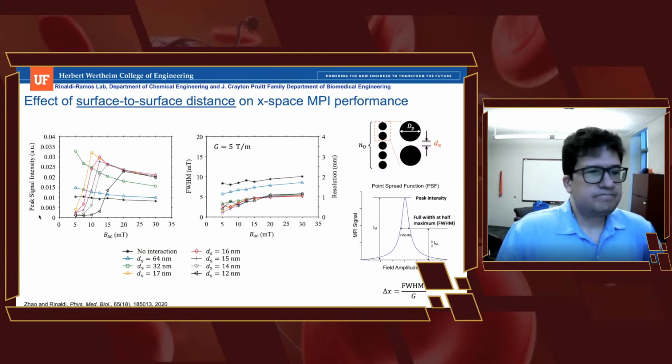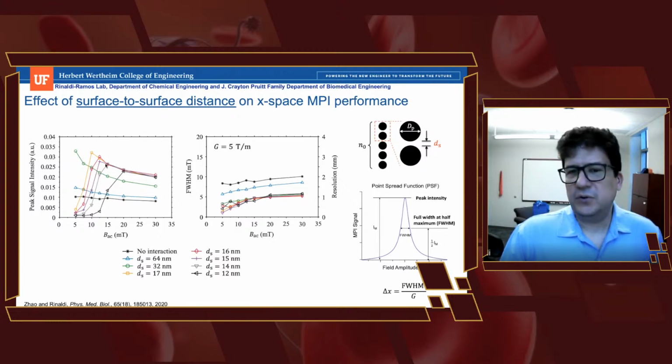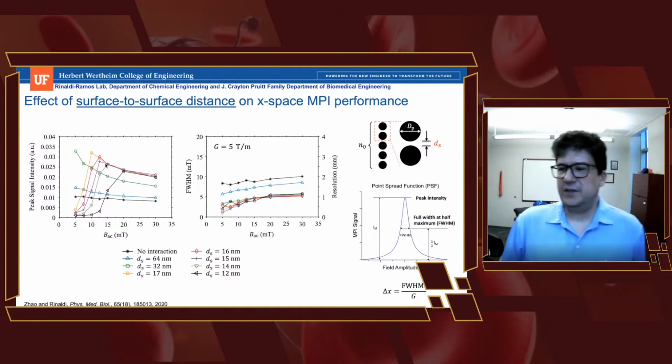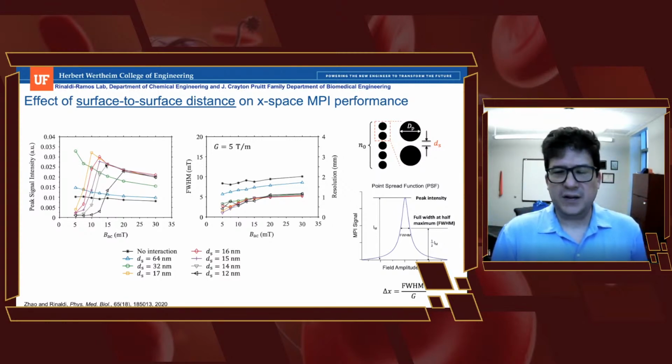What you see is that at a low field, you have a very poor signal intensity. Then if you increase the field from 5 millitesla to about 15 millitesla, you get a fairly dramatic, almost tenfold improvement in signal intensity. In principle, these are particles where you could apply one excitation field amplitude and get one behavior, and another excitation field amplitude and get another behavior.